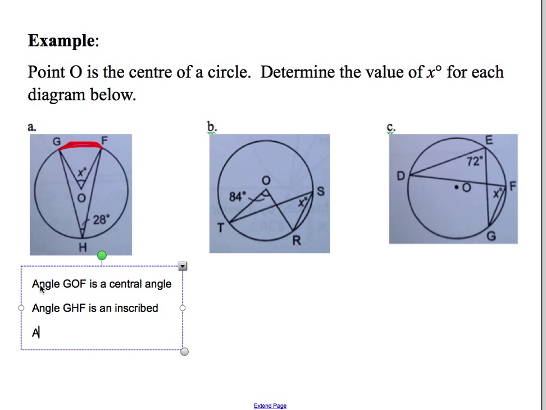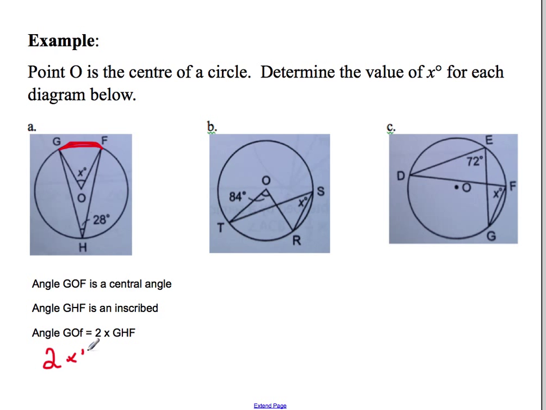So if I want to find angle GOF, that will equal 2 times angle GHF. Okay, so now I use my pen. So 2 times 28 degrees is equal to 56 degrees. So angle GOF is equal to 56. A 2-to-1 relationship, just like the radius and diameter.